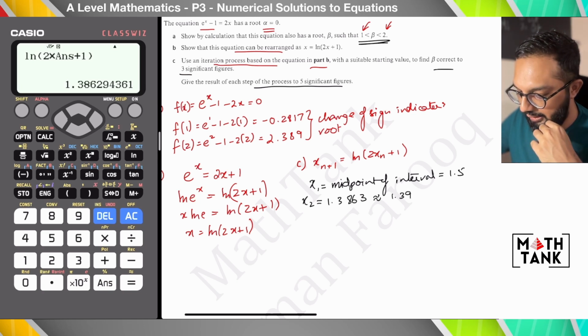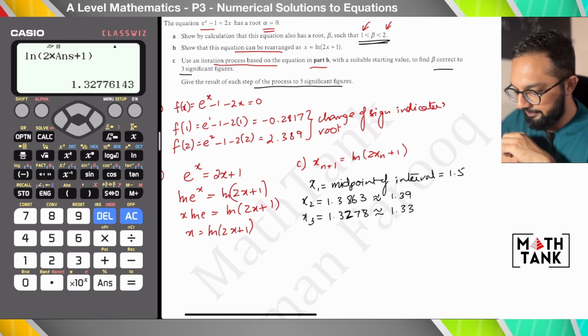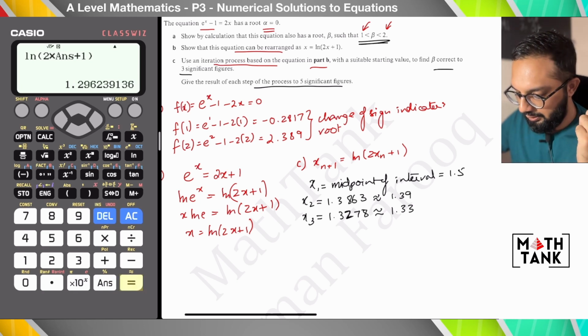I press another equals, I get 1.3278, 1.33. x4 is 1.2962, 1.30.